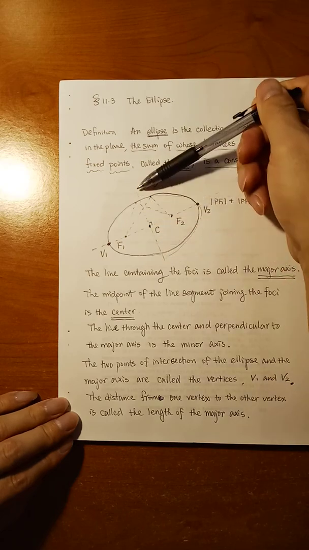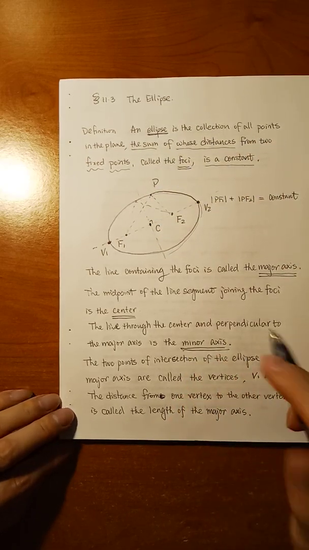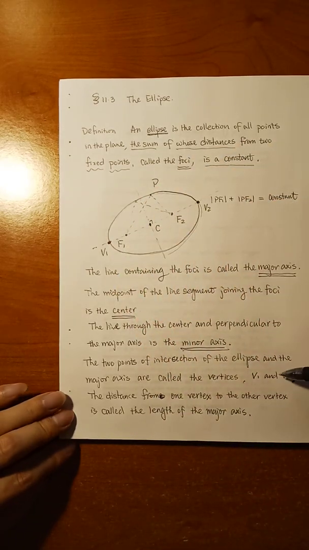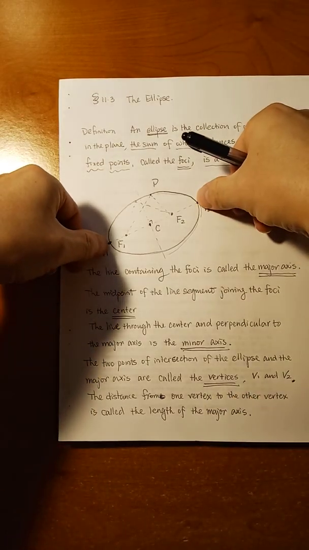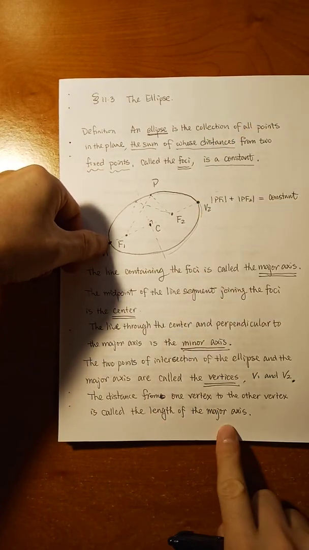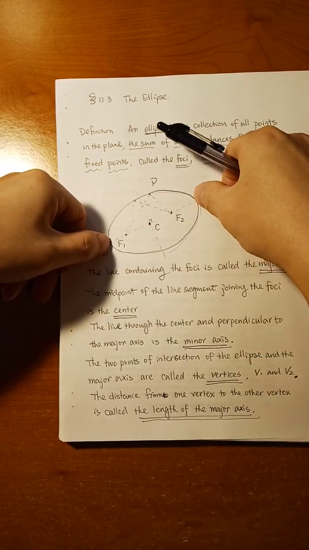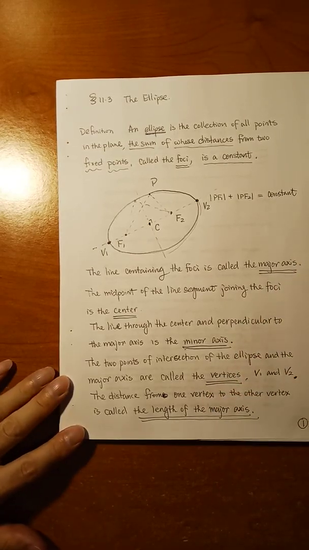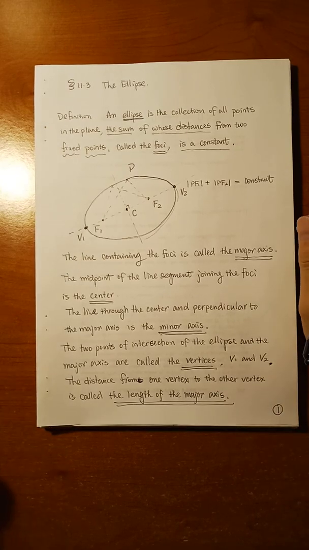The intersections of the ellipse and the major axis are called the vertices, and the distance between two vertices is called the length of the major axis. Okay, so these are all the geometric concepts.